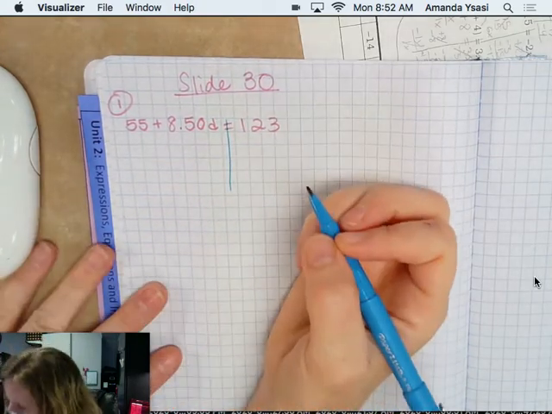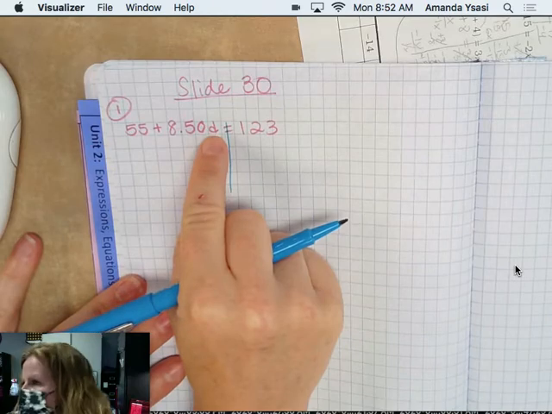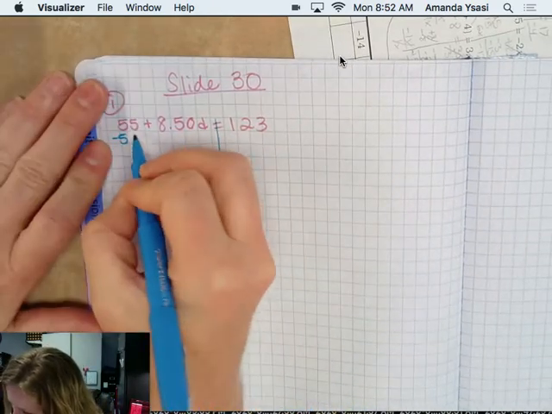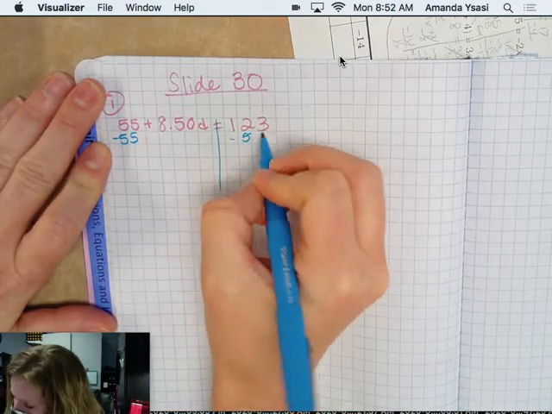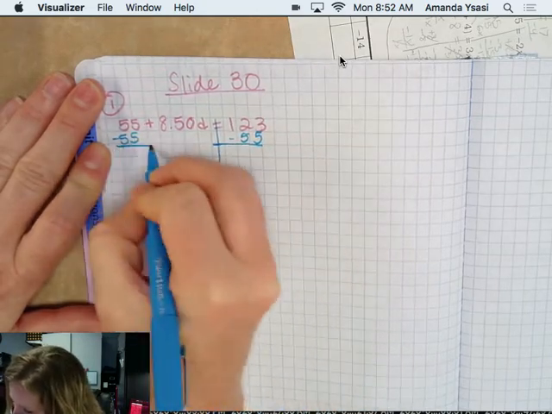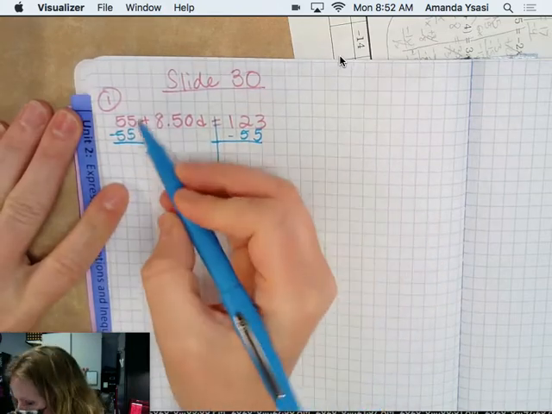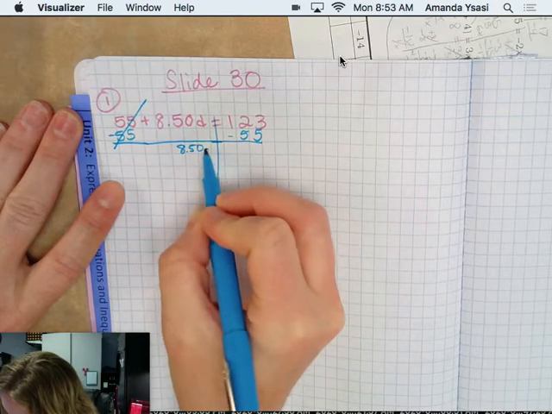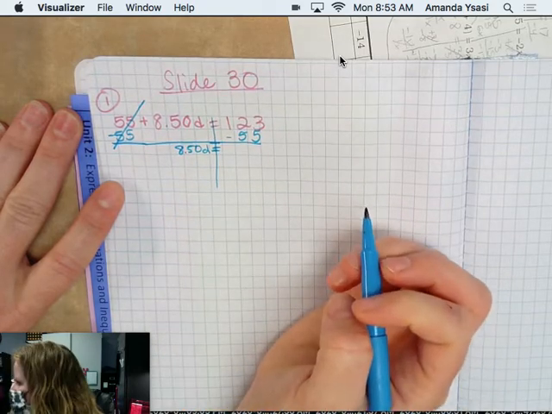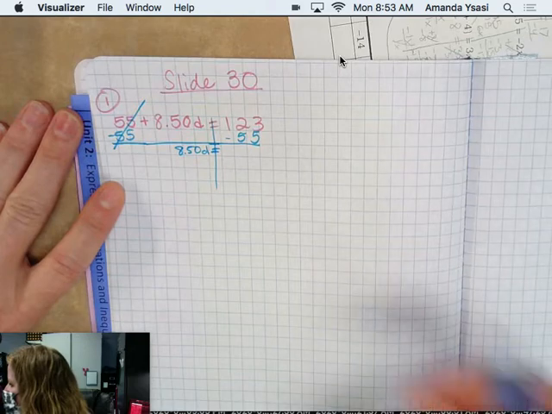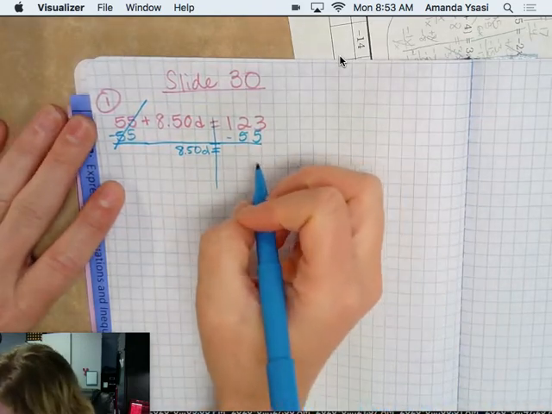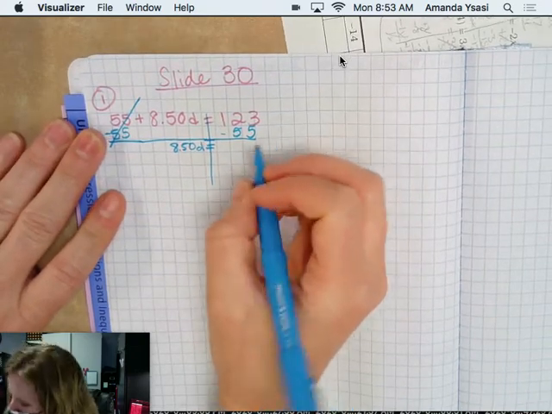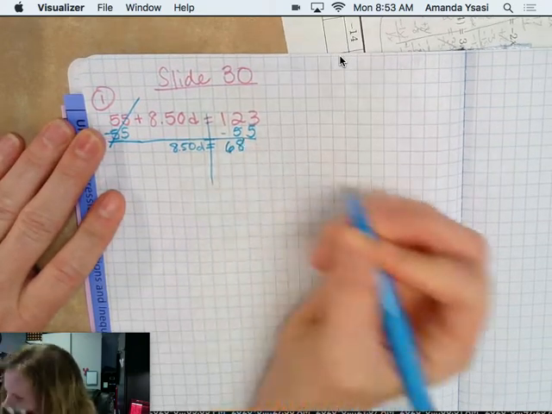Thank you. So first thing we need to do is get D by itself. So we need to get rid of this 55. $123 minus 55. $68.